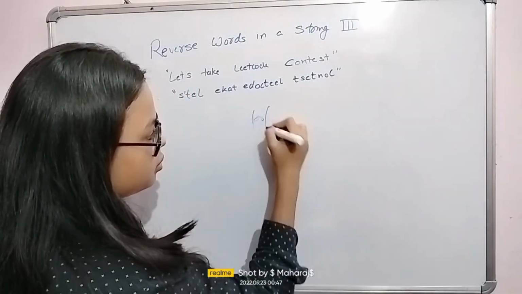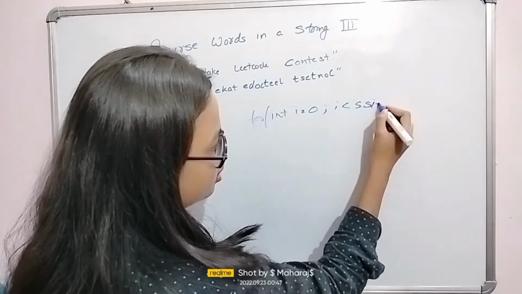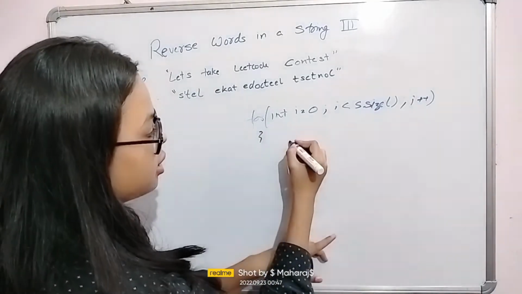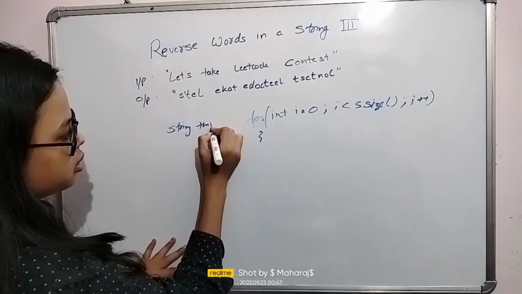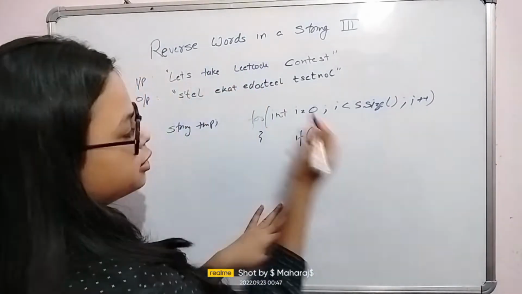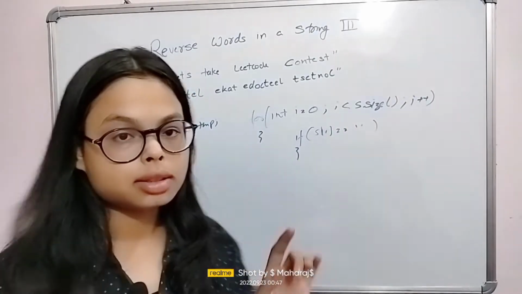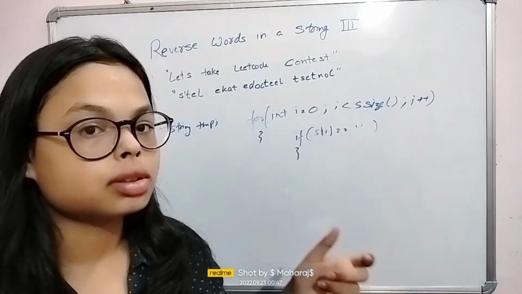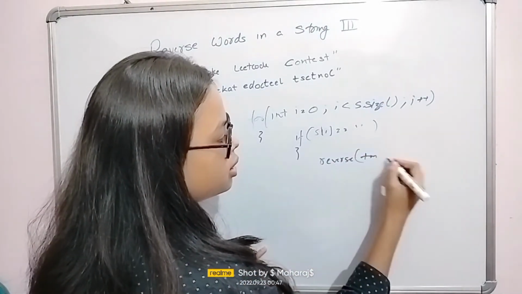Okay, so for int i equals 0, i less than s.size, i plus plus. First of all, let's take a temporary variable, string temp. Now if we have a space, s of i equals space, then we reverse the temporary variable.